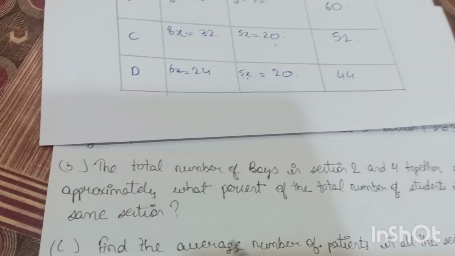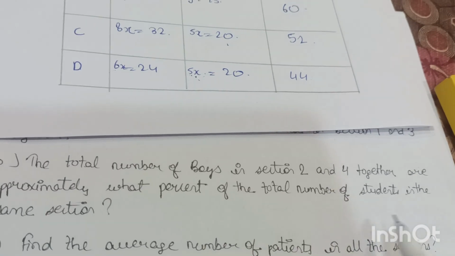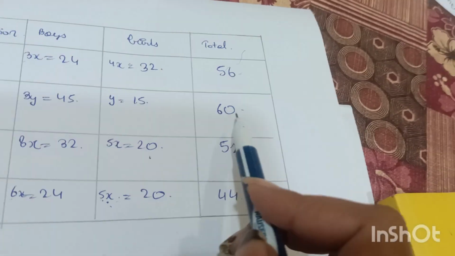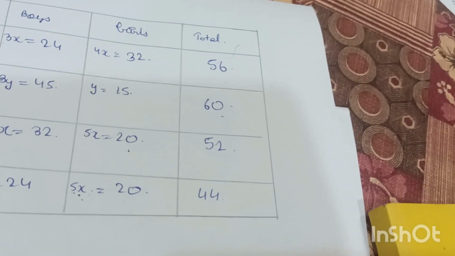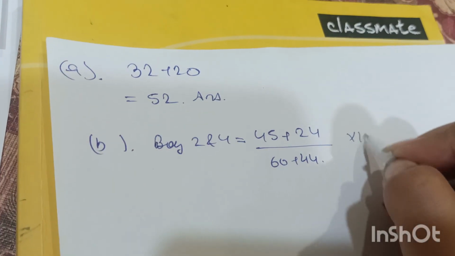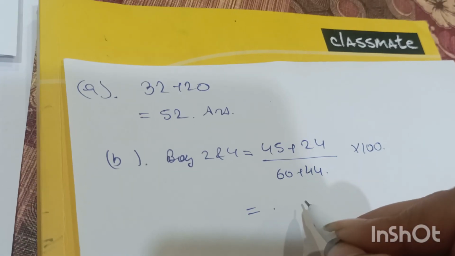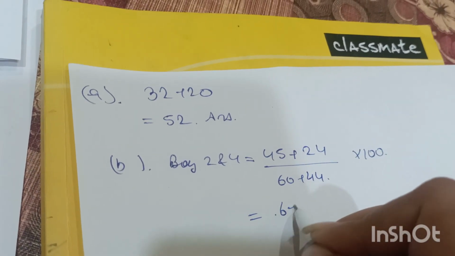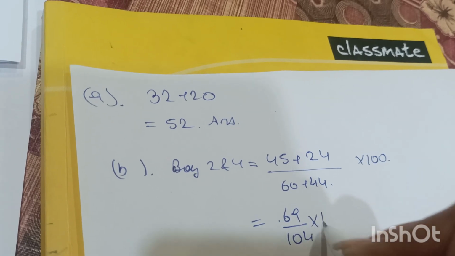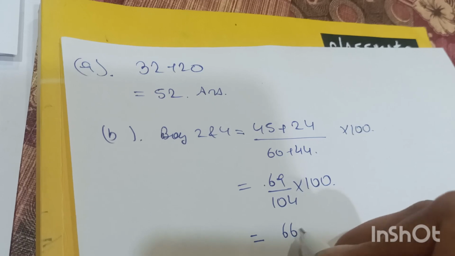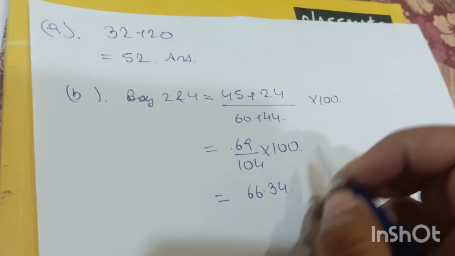Approximately what percent of the total numbers in the same section? So total numbers in the same section, 60 plus 44, into 100, because you have to find the percentage. When you solve it out, you will get 69/104 into 100, which is 66.34.